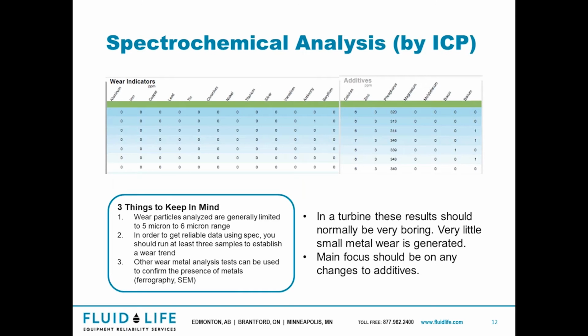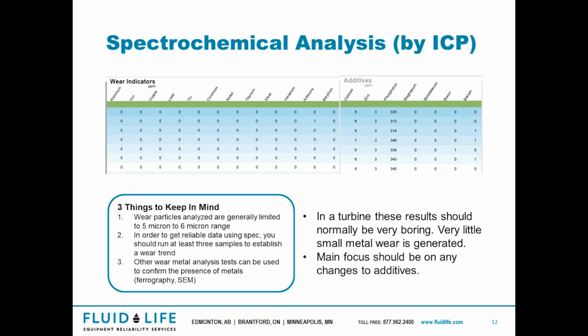And so there are supplemental tests that you can do to analyze wear metals, whether that's analytical ferrography, which is an image of your oil under a microscope. And so you can see anywhere from 5 to 100 micron particles using ferrography, which are then classified into the type of wear and shape.